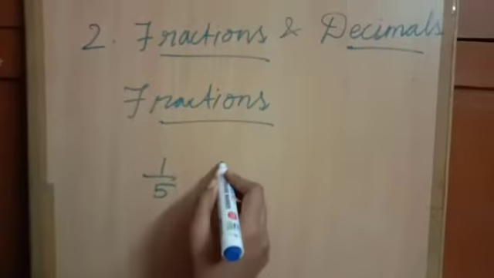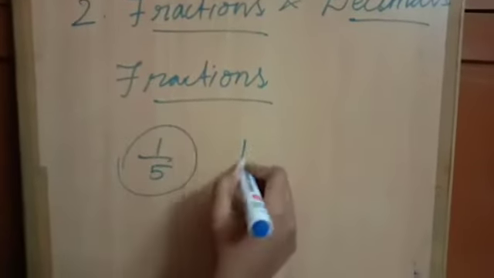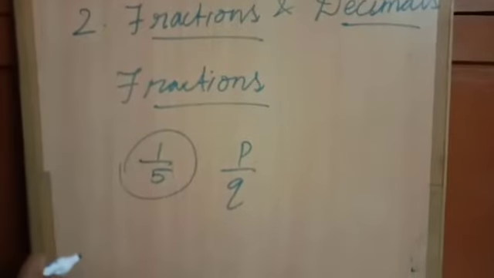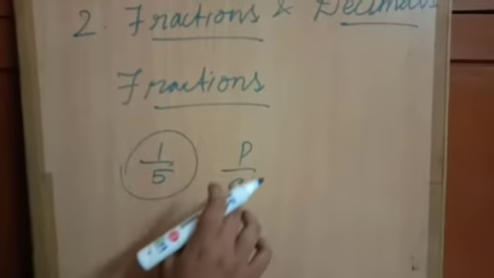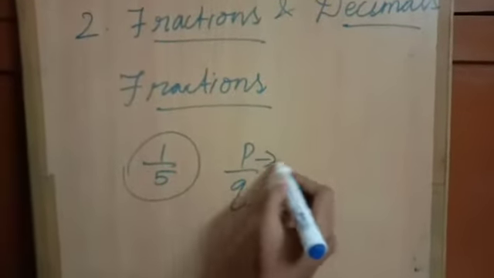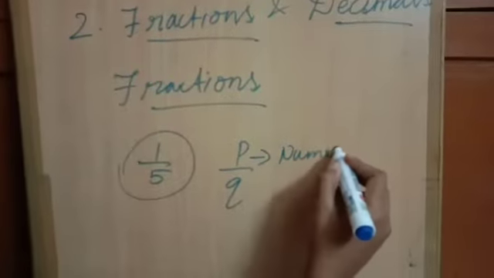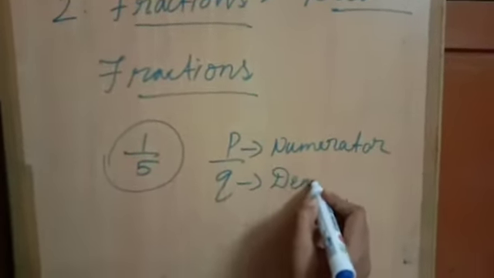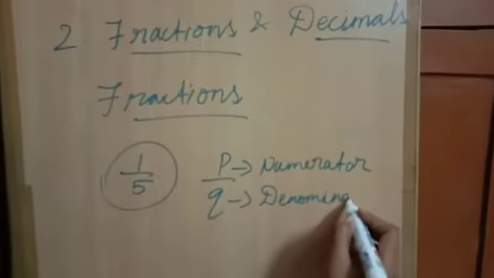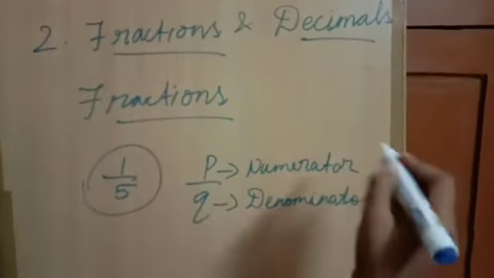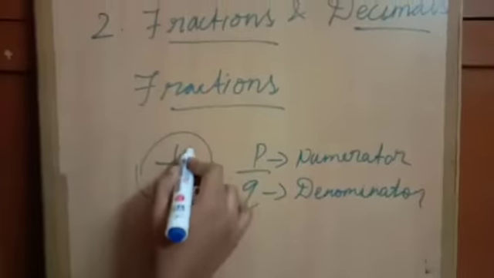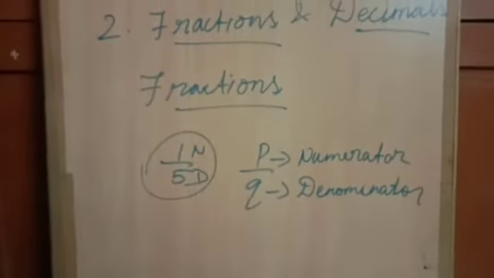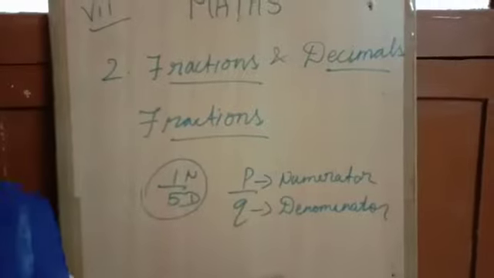It can be written in the form of P by Q. I have written this 1 by 5 in the form of P by Q. Here P is called numerator and this Q is called denominator. Here 1 is numerator and this 5 is denominator. Okay, today we are going to see about types of fractions.